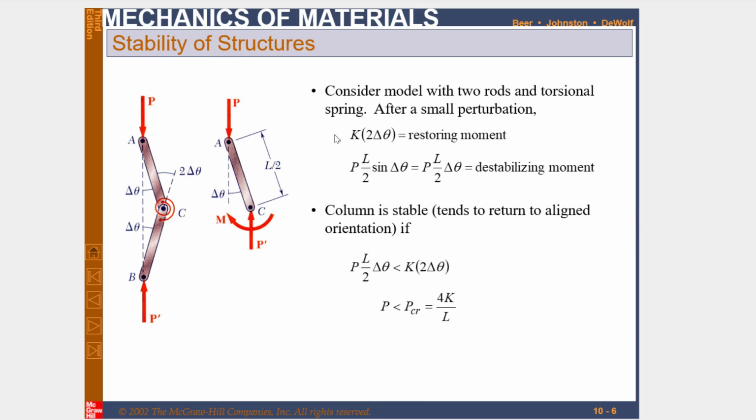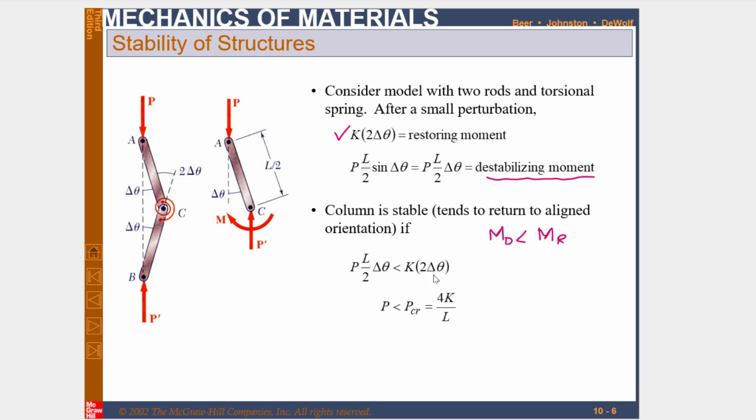So this is the same thing. You can see the restoring moment is K into 2 delta theta, and the destabilizing moment which I discussed in the previous slide was P into L by 2 sine of delta theta. When delta theta is very small, it will become P into L by 2 into delta theta, and that is known as the destabilizing moment. So for a safe or stable column, we have discussed that this destabilizing moment should be less than the restoring moment.